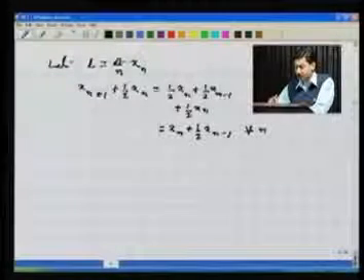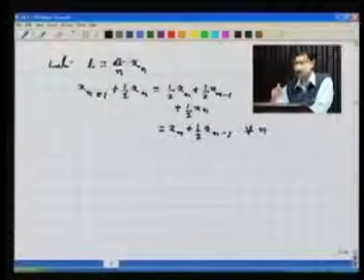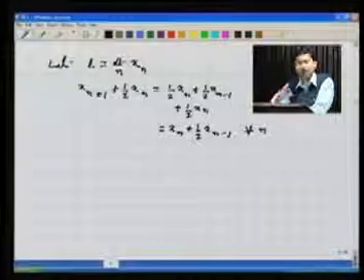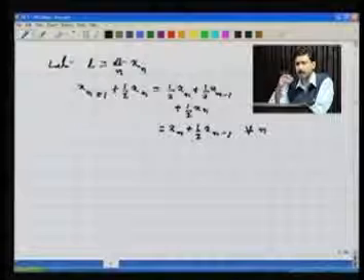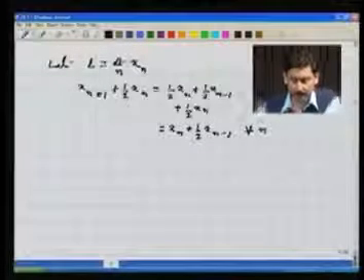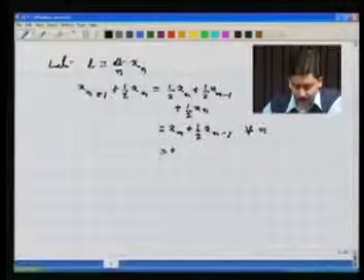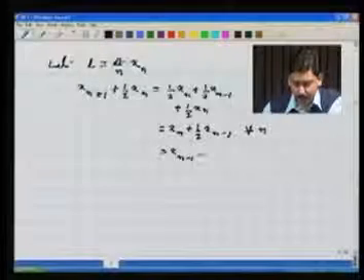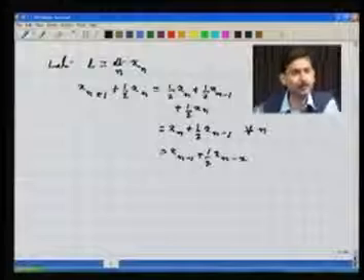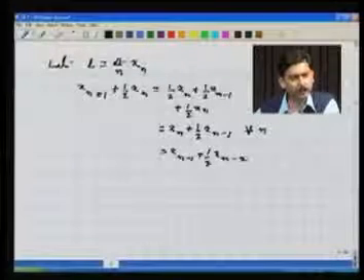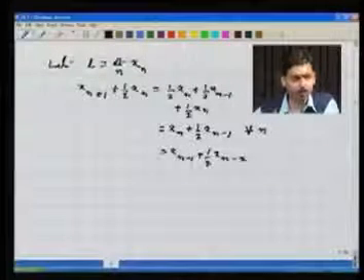Now if I iterate the argument which I applied on xn plus 1, on xn instead, what will I get? Well, I will get xn minus 1 plus half xn minus 2. I can go on doing this, but at a certain stage I have to stop.